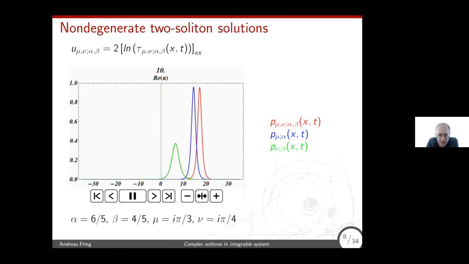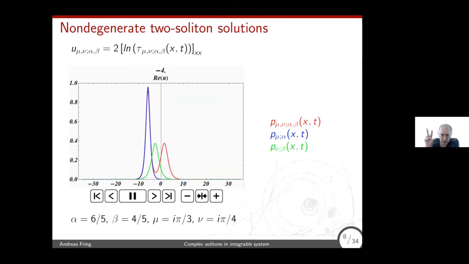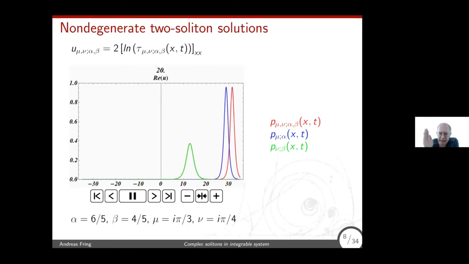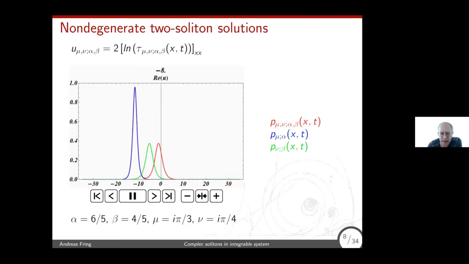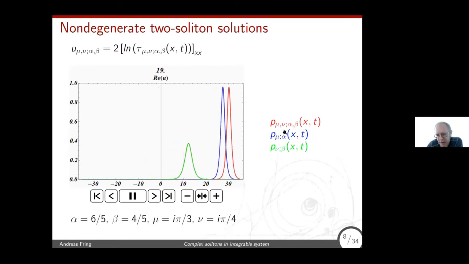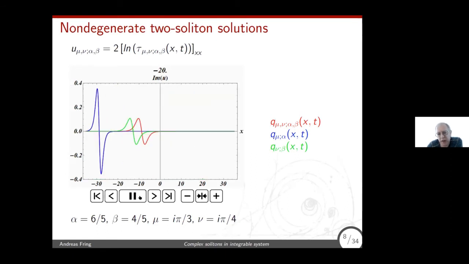You can see that once they scatter, there will be either a little delay or a little advance of one of the components. You can compare this by looking at the one-soliton solutions as a gauge. And the same happens if you look at the imaginary part.